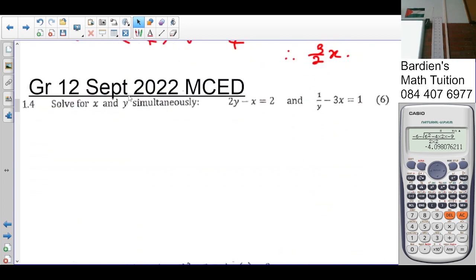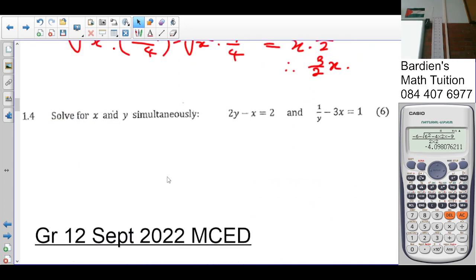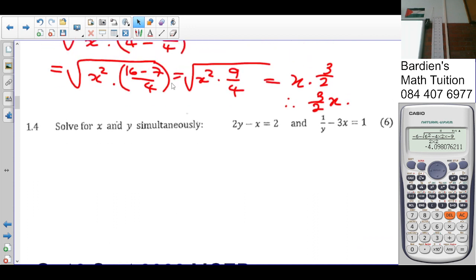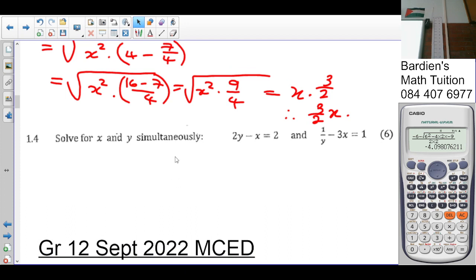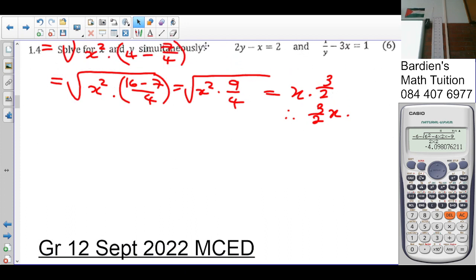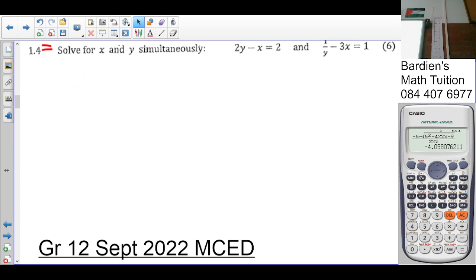The next question is your simultaneous equations. I'm definitely going to need a space here. So what we have is 2x minus y is equal to 2 and 1 over y minus 3x is equal to 1.